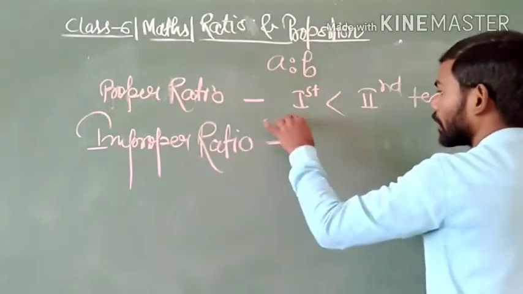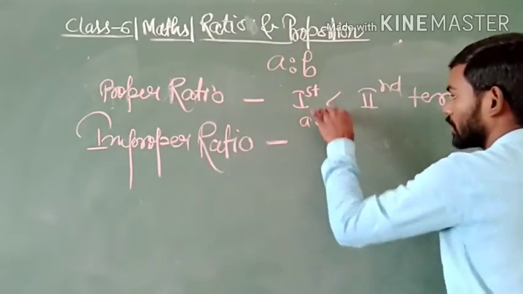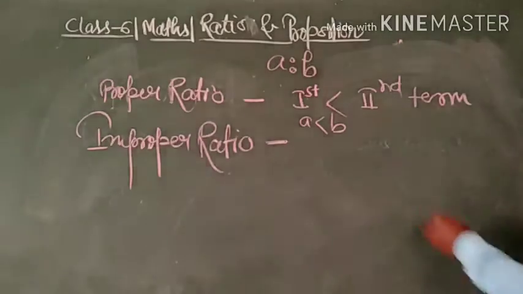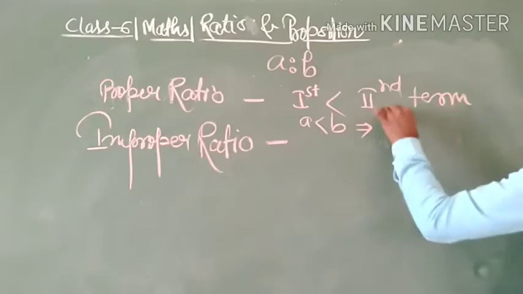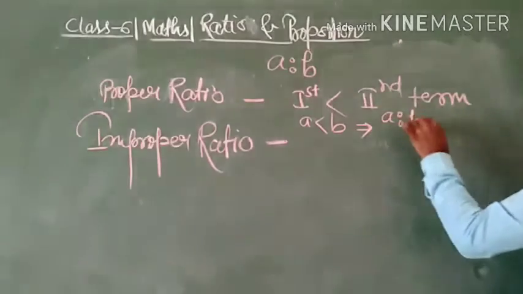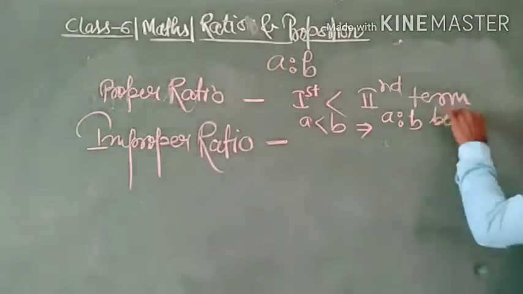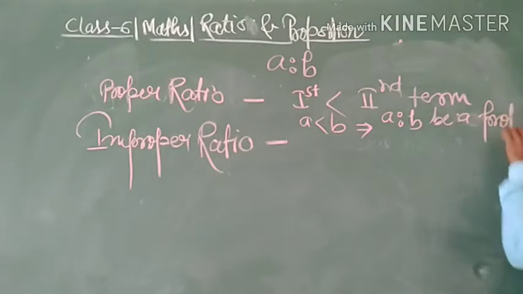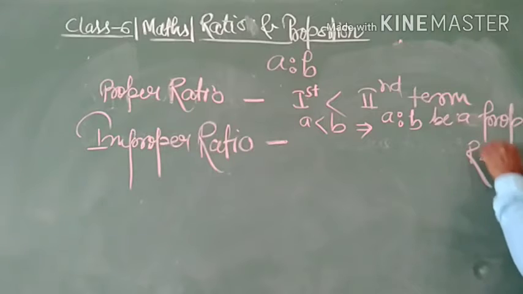So here, if A is less than B, then A is to B is a proper ratio.